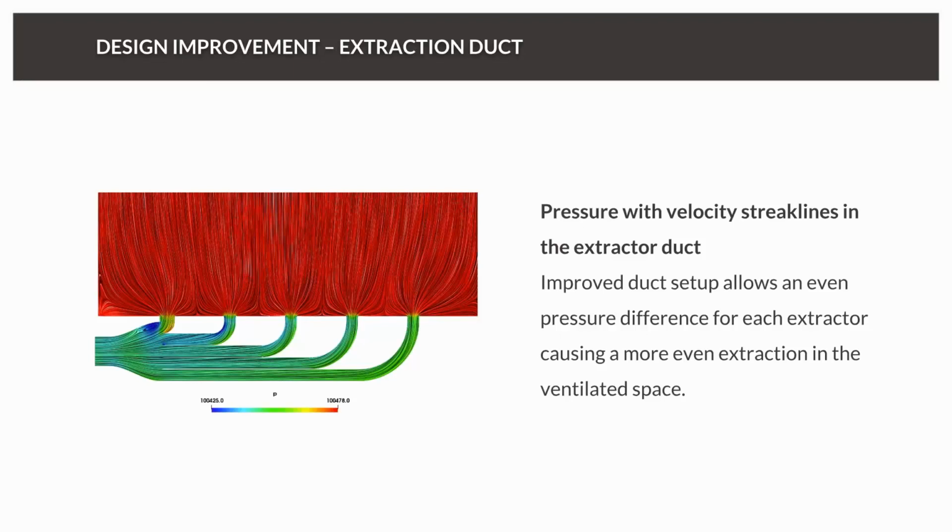And if we now take a look at the pressure distribution, we see the reason: the improved duct setup allows us an even pressure difference for each extractor. And since we have a nearly constant pressure in the extractor space, the result is a homogeneous distribution of the mass flow.